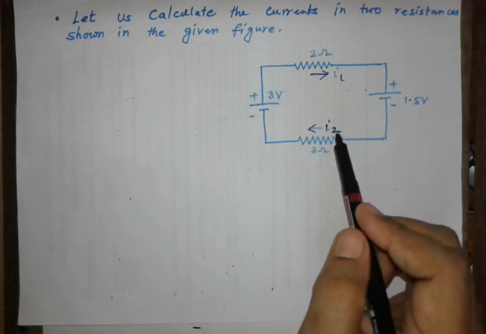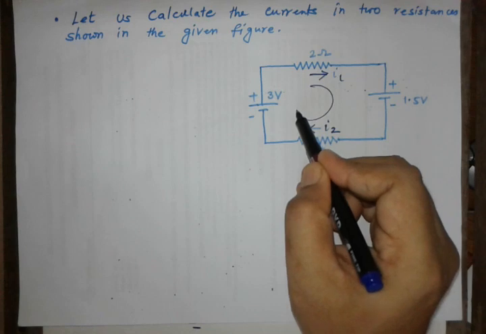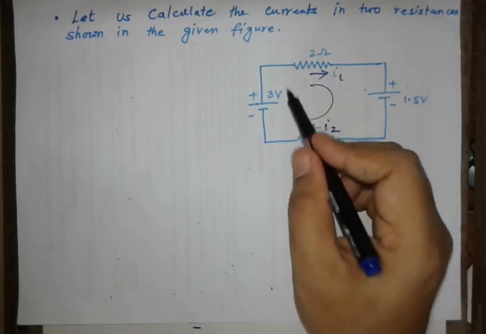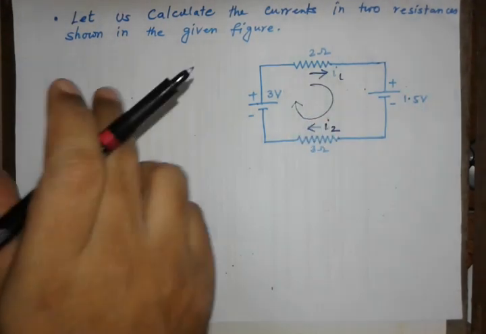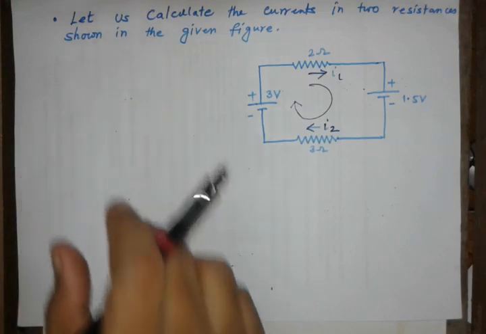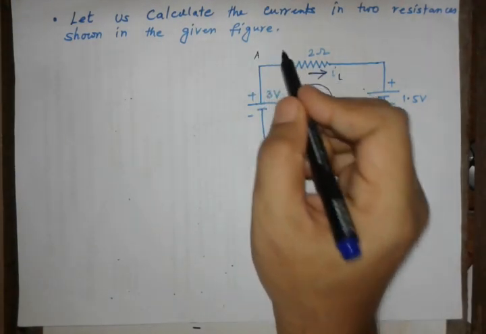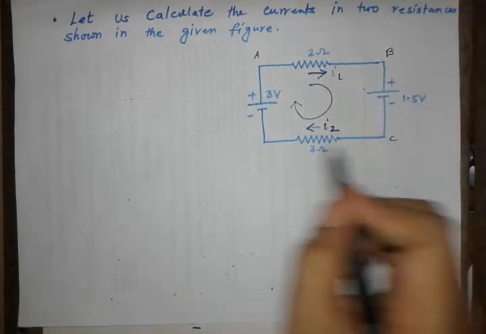So first, what you have to do is consider a loop here. You can take the loop of your own. This loop is very, very important. According to the loop, you have to write down the equations. See, there is only one loop in this circuit. So A, B, C, D is one loop.